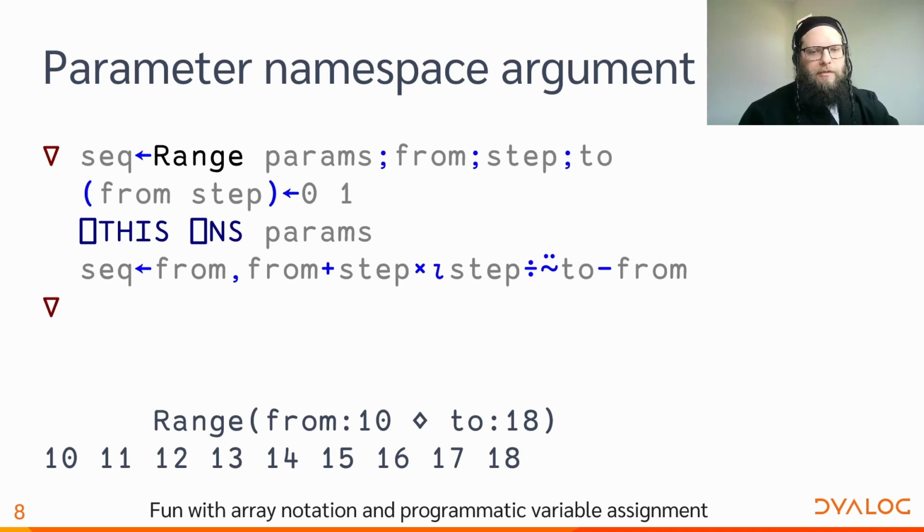And this gives an interesting call syntax. There's nothing special going on with regards to APL syntax here. The parentheses here just create a namespace, and we're calling range on this namespace. However, you can sort of forget that.